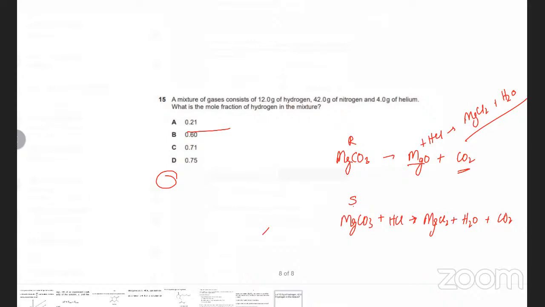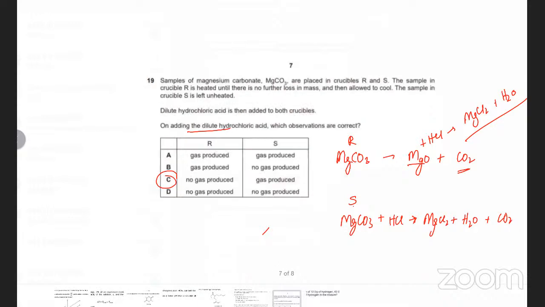There was one option which said nitrogen monoxide is non-polar. It is polar. In NO, O is more electronegative, so this is the negative side and this is positive. There's a difference in electronegativity. Was it asking about NO2?